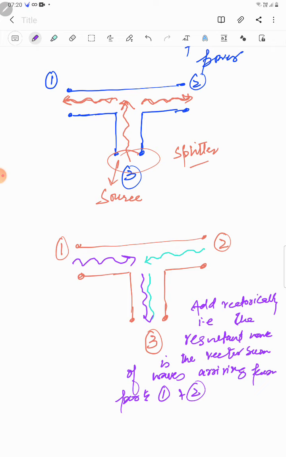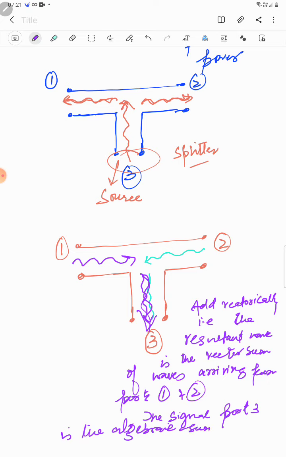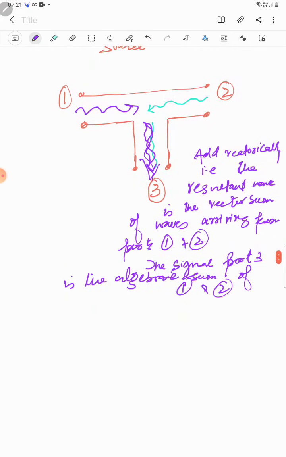If the two signals reach in phase, then the signal at port 3 is the algebraic sum or the vector sum of signals coming from ports 1 and 2. So the addition basically depends on the phases of the two individual signals.